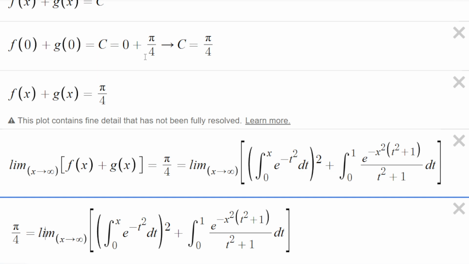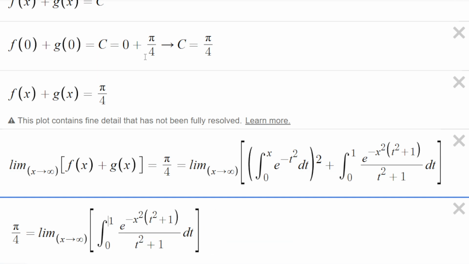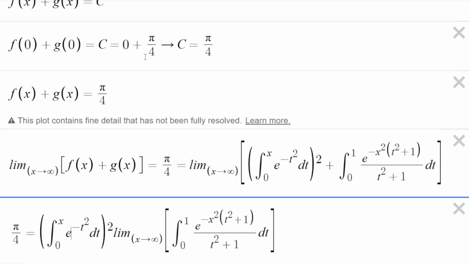All right, so for this one, we can just plug in the limit. The limit as x goes to infinity of this thing is just going to be this thing when x is infinity.